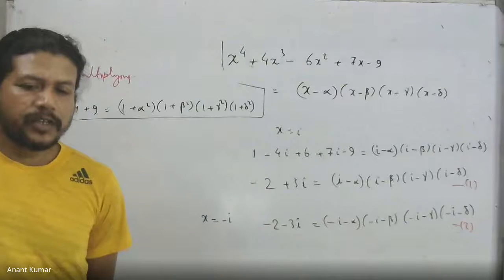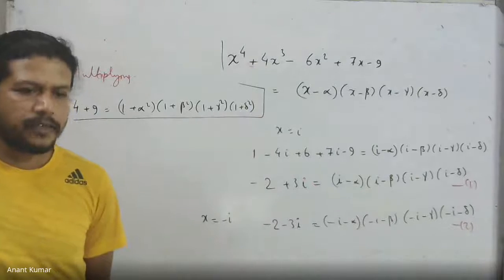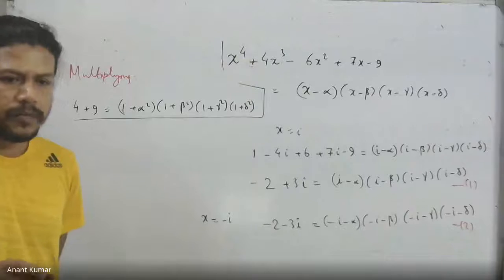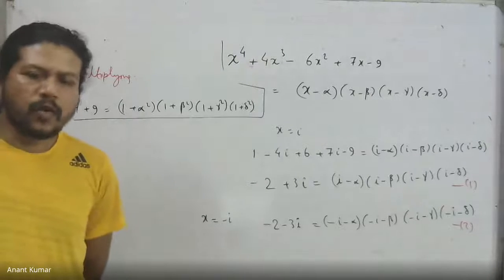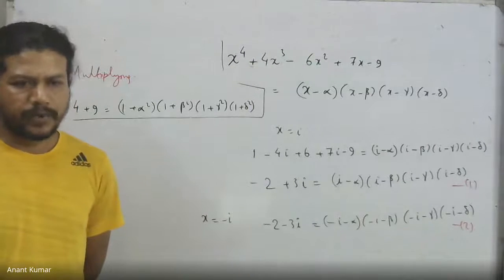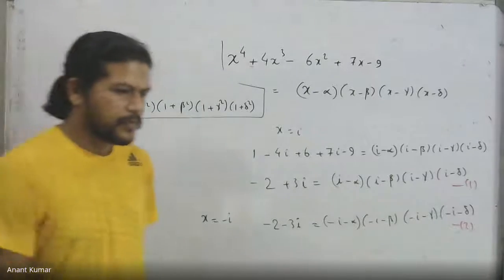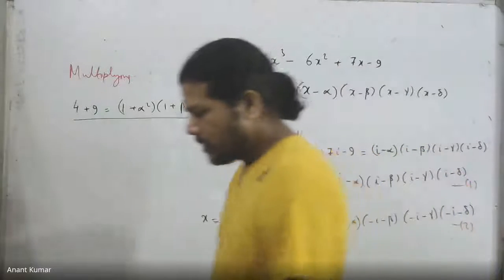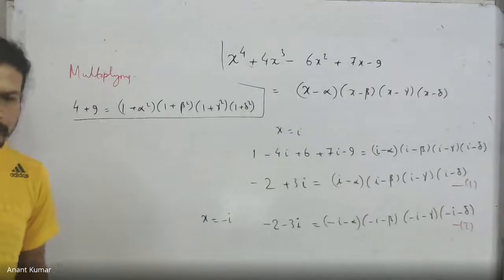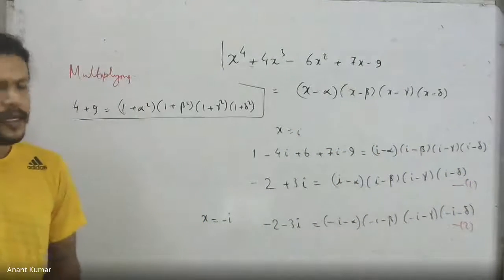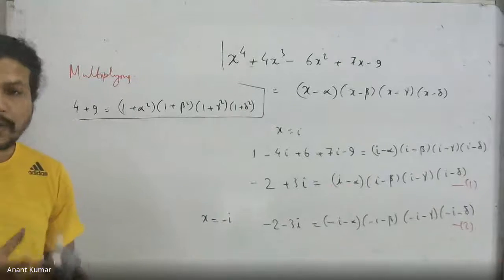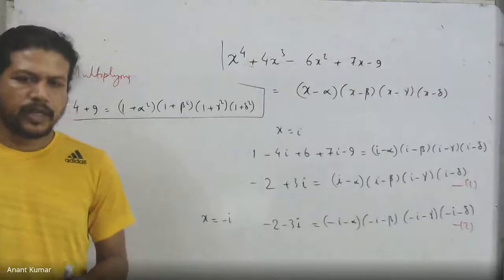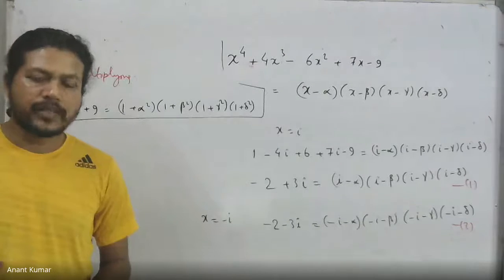But one thing you should always keep in mind is that if you have an equation with real coefficients, any complex roots will appear in conjugate pairs. If a plus ib is a root, then a minus ib is also a root.